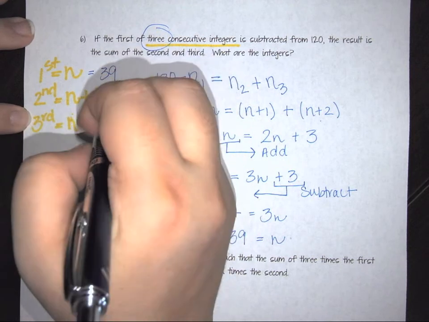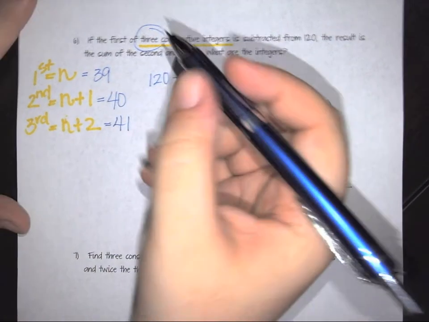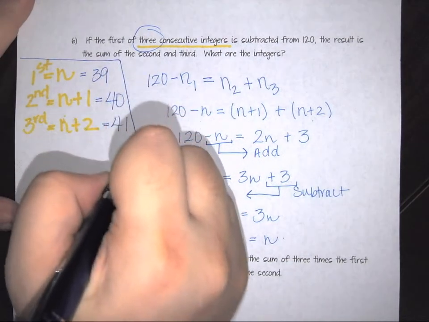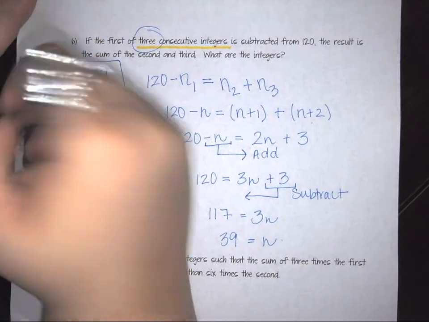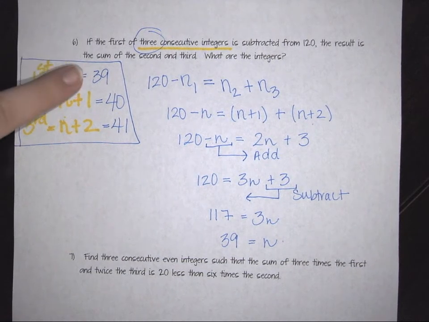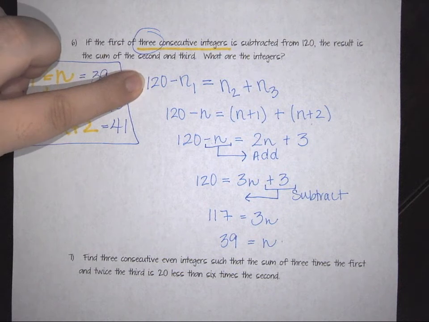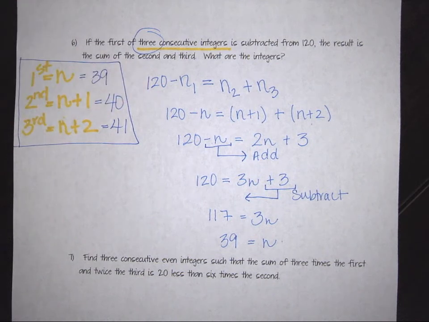My third is 39 plus 2, which is 41. And this is your end result. Again, you could take these numbers and plug them back into your original equation to double check that they work. Okay?